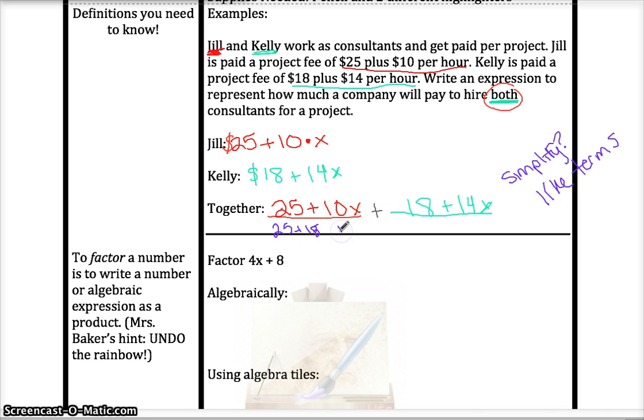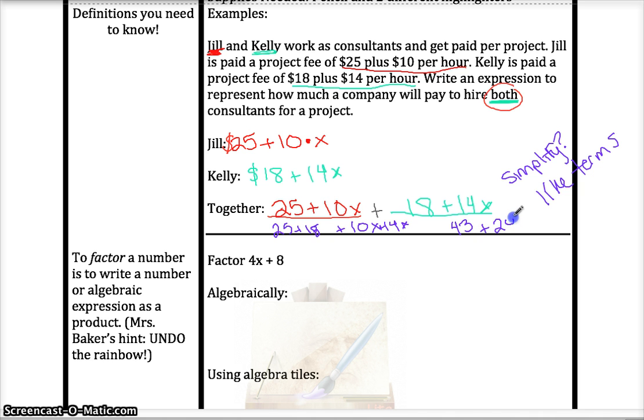So plus 10x plus 14x. And what does that simplify to? Well, 25 plus 18 is 43. And 10x plus 14x is 24x.